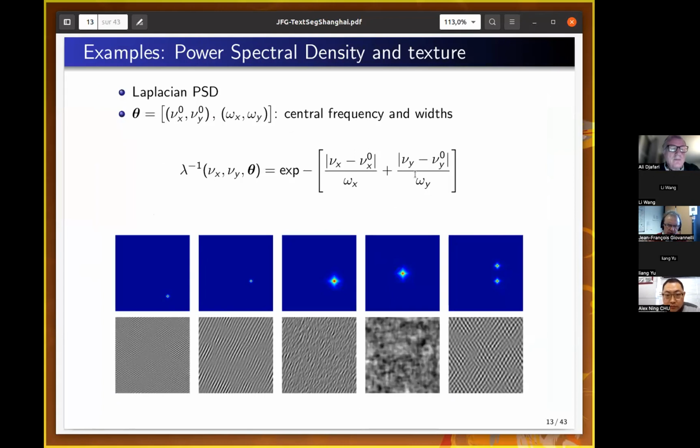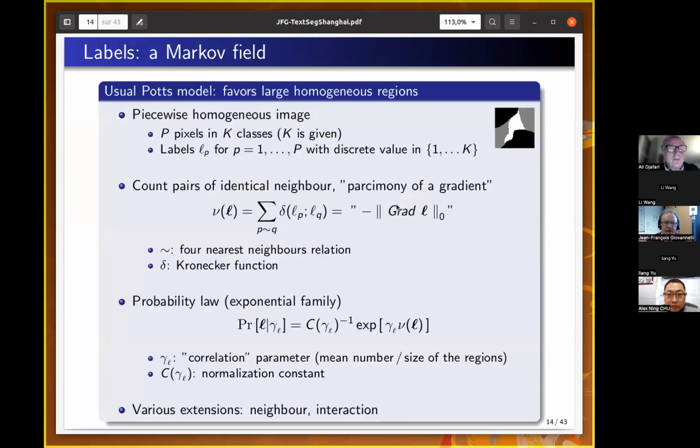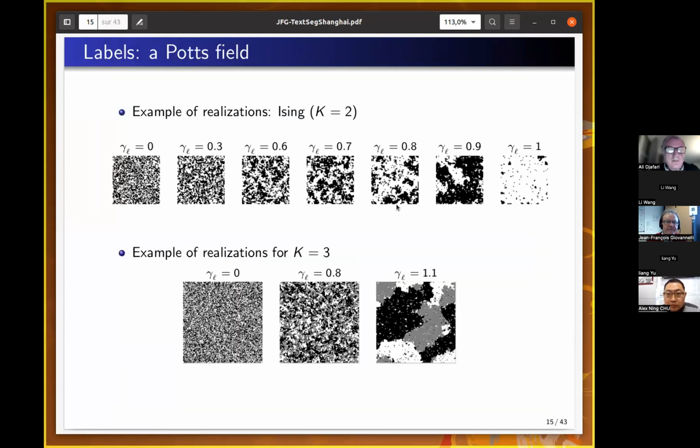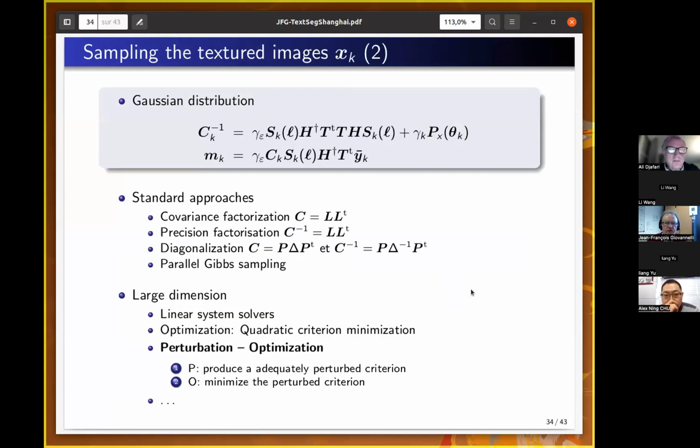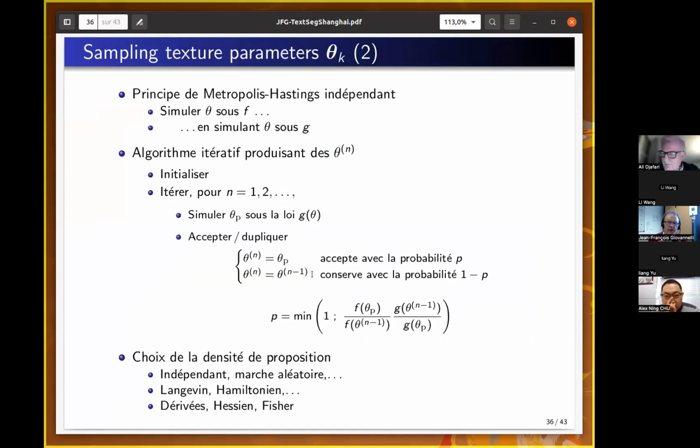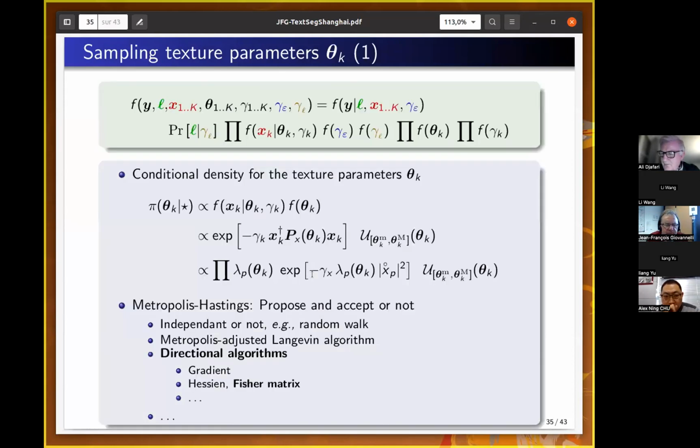So the unknown texture parameters are within the power spectral density, in that exponential modeling the Laplacian decreasing. So we have really a very intricate dependency.